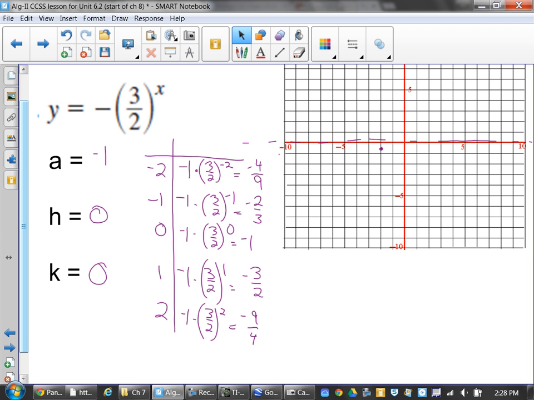It's government work, right? -1, -2/3. 0, -1. 1, -3/2. And then 2, 9/4 is a little bit more than 2. What direction is this graph going now? Down. It's going to the right and down. Now, we've been talking about exponential growth.